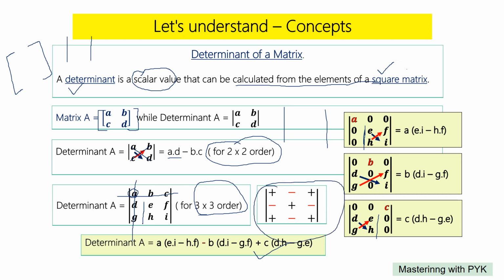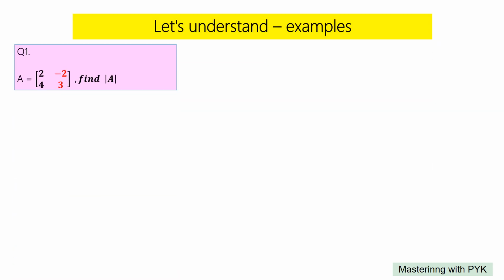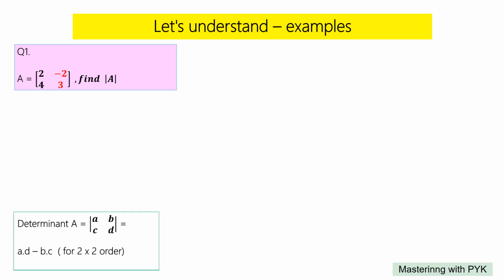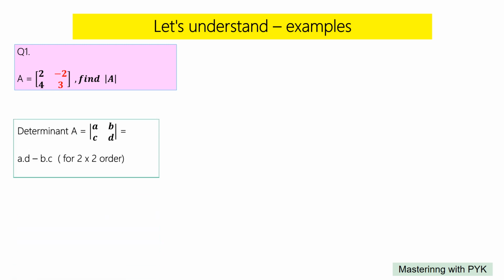So it is plus. Let's take up a simple example of a 2 cross 2 matrix. Here it is A, B, C, D. The determinant is denoted by the parallel lines and is of order 2 cross 2. So it is very simple.